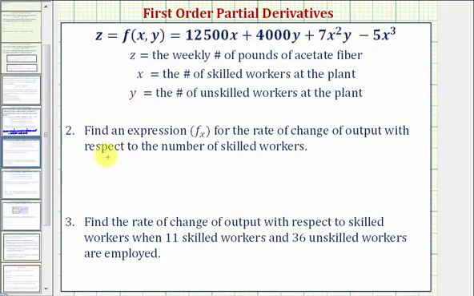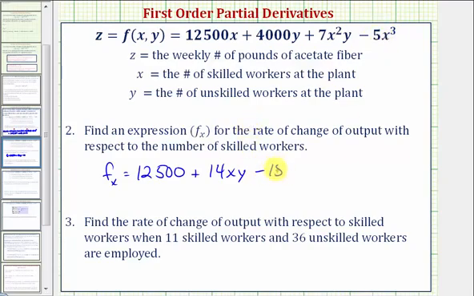So the partial derivative of f with respect to x would be equal to, well, the derivative of 12,500x with respect to x would be 12,500, plus the derivative of 4,000y with respect to x would be 0, again because we're treating y as a constant, plus the derivative of 7x squared y with respect to x, we would multiply by 2, that would give us 14, subtract 1 from the exponent on x, so we'd have 14xy. And the derivative of negative 5x to the third with respect to x would be negative 15x squared, so we have minus 15x squared.